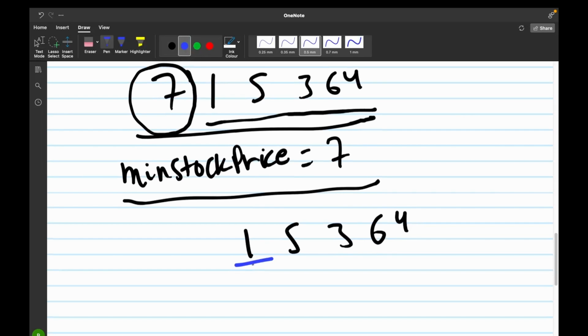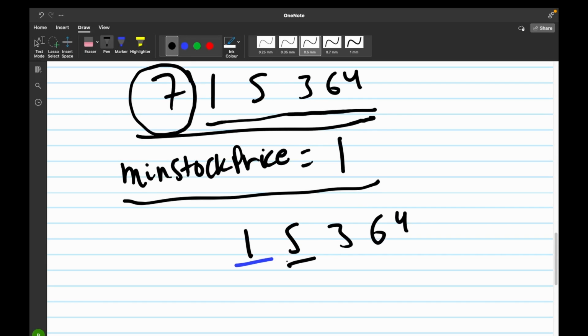Now if the element that we come upon has a price lesser than the minimum stock price, we would update the minimum stock price to that element, that is 1. Now we would go to the next element and compare it with the minimum stock price.